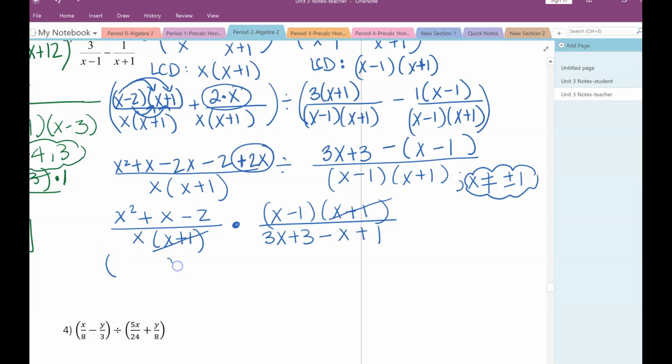Is it factorable? Yeah, okay. So once you have the factors, can you compare your two factors with your team to make sure you have matching factors?